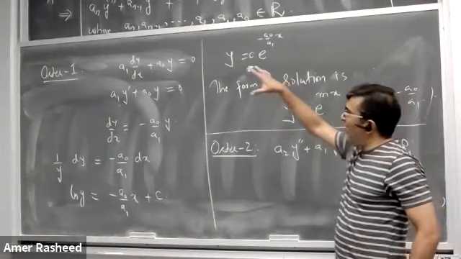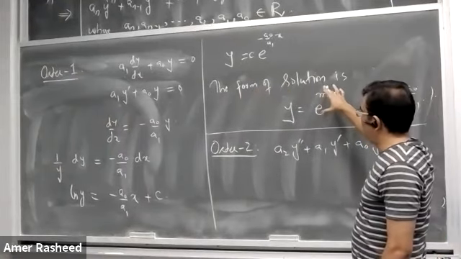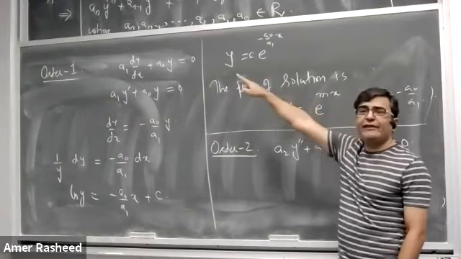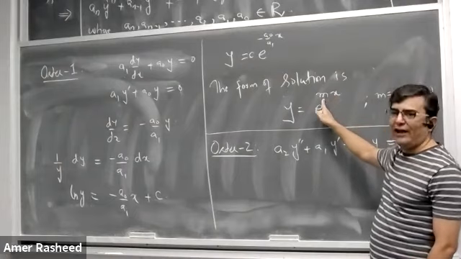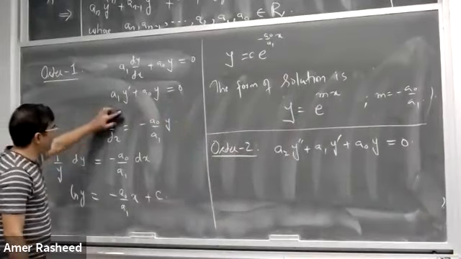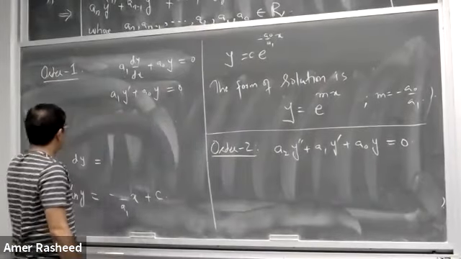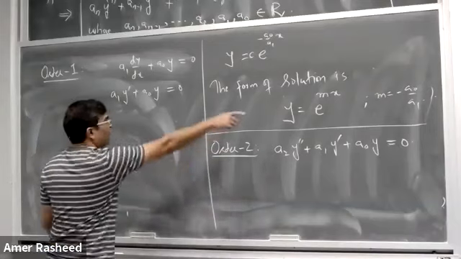We are going to generalize this concept. What is this concept? We know that the solution of a first order differential equation is of this form with an unknown value of m. If we put it in this equation, forget about the known solution.